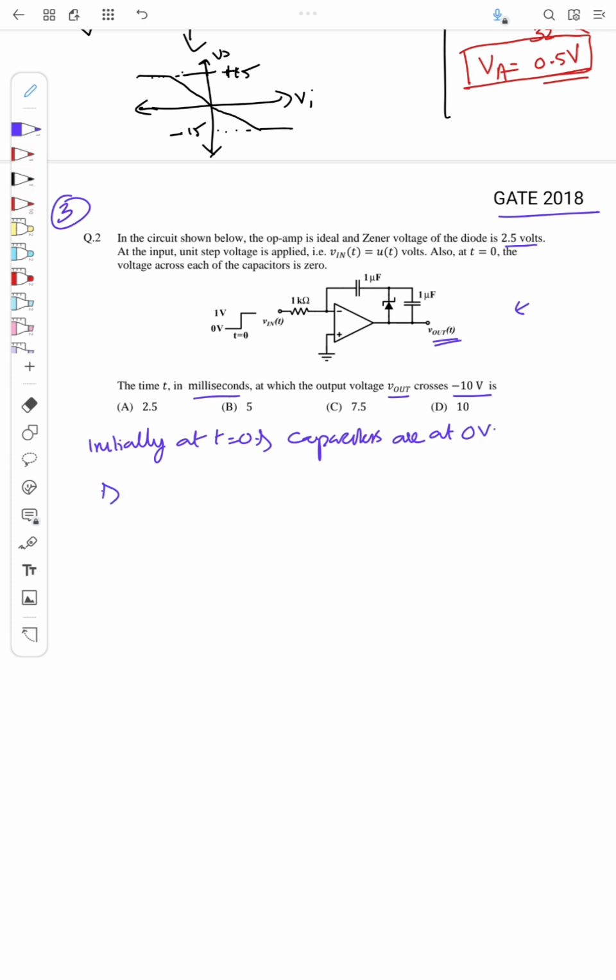Okay, so I can draw the circuit as minus plus, okay, so this is V naught, and since initially the voltage across the capacitor is 0, we'll say the Zener diode is open circuited, right?